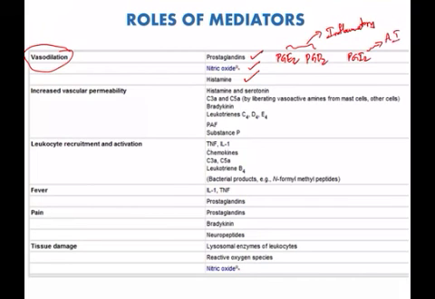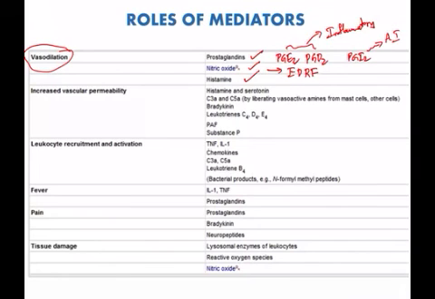Okay, and nitric oxide is going to produce vasodilation, which is particularly released by endothelial cells. It is also called EDRF, endothelium derived relaxing factor. And apart from that, histamine also causes vasodilation.